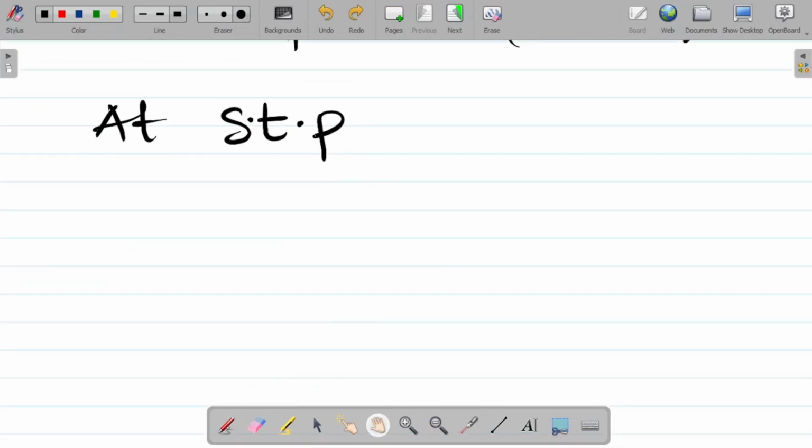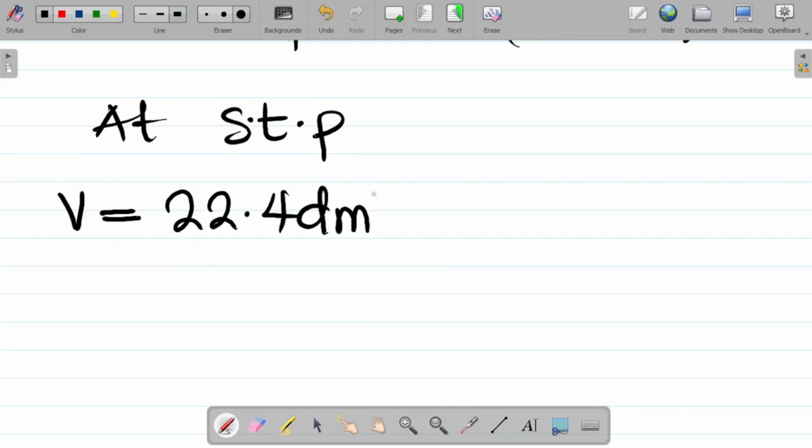So at STP, the value of the volume V is equal to 22.4 dm cube. Please note that this is a constant. Also, at STP, the value of the pressure is 1 atm. Again, this is also a constant.